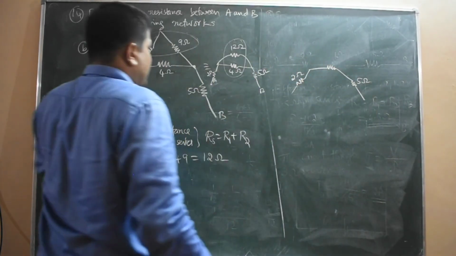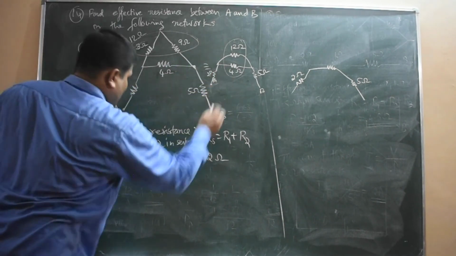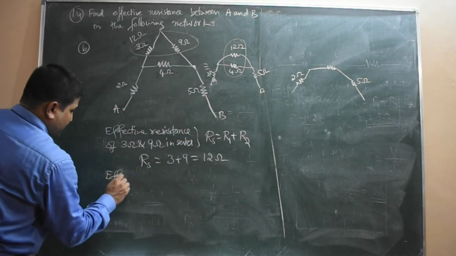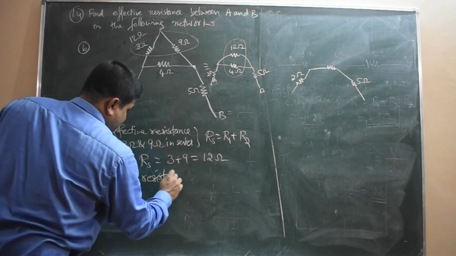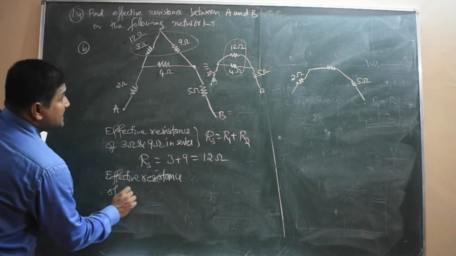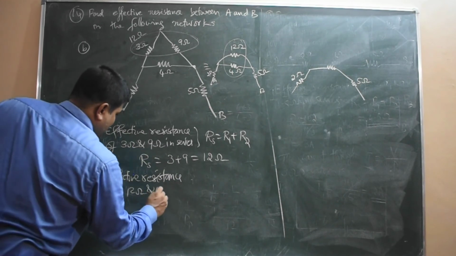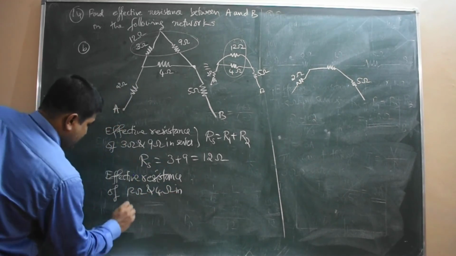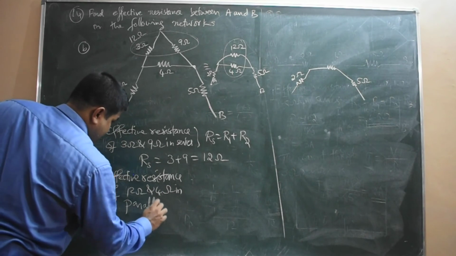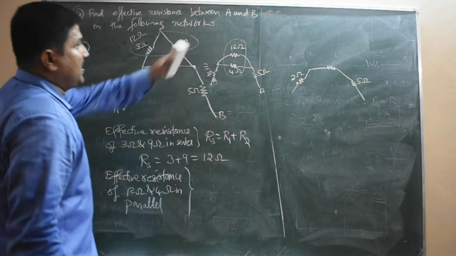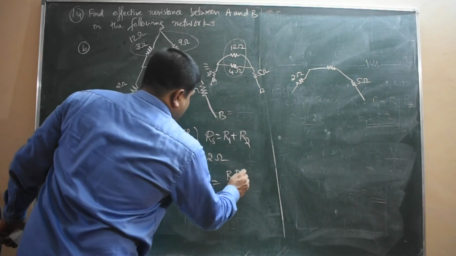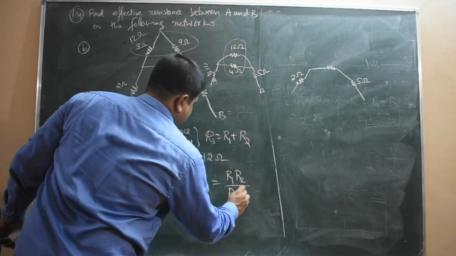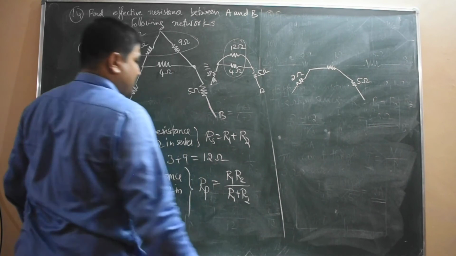Now this parallel combination of 12 and 4, the effective resistance of 12 ohm and 4 ohm in parallel. RP is R1 R2 by R1 plus R2, the formula just for the sake of formality.